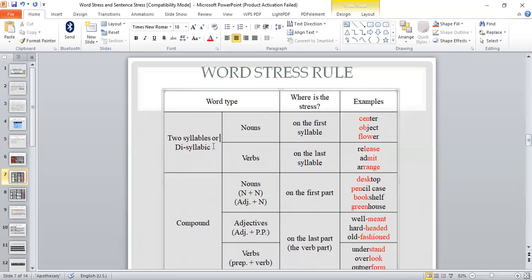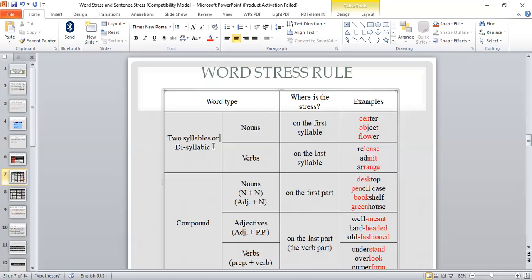You realize that these words are two words, an adjective and a verb in the past participle. Now, what we're trying to say is that once you realize that it's a compound adjective, the stress is placed on the second syllable.